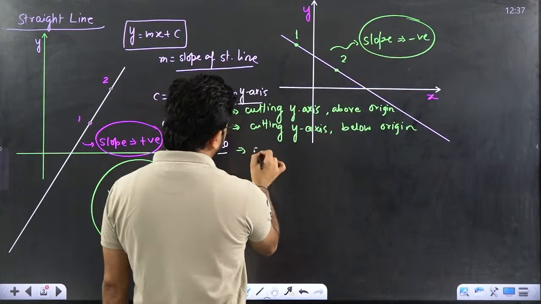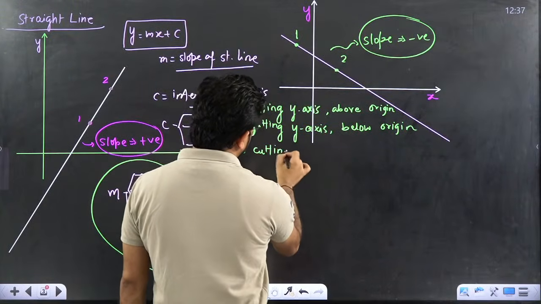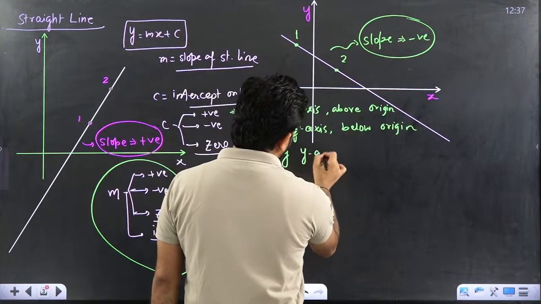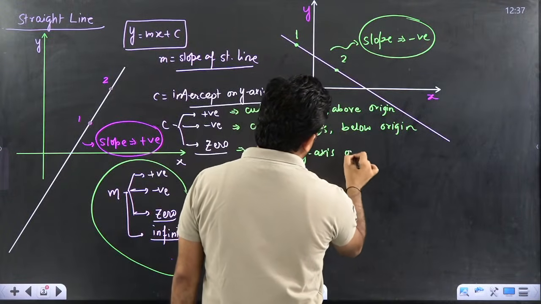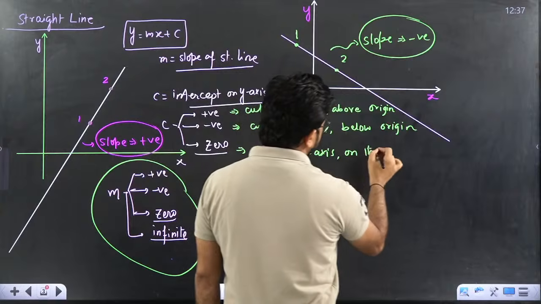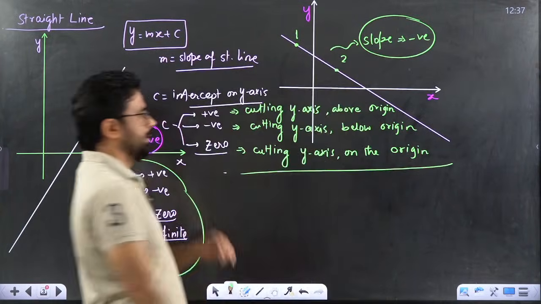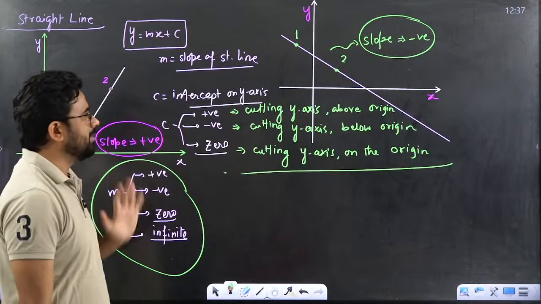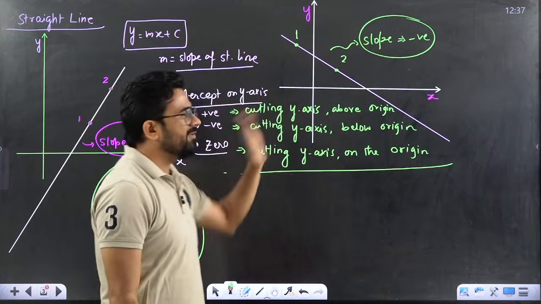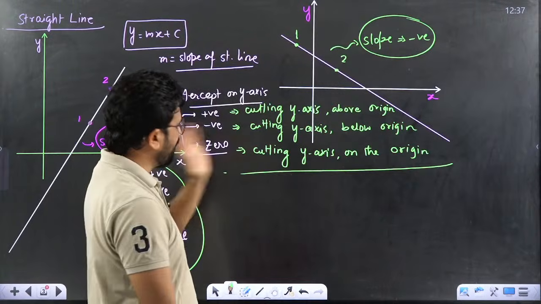Here cutting the y-axis on the origin. Just a simple thing, you have to understand it. This has to be clear to everyone. Where this line is cutting the y-axis, you have to understand it.